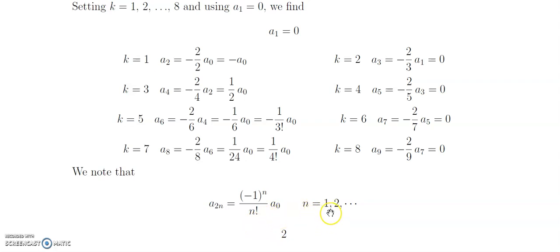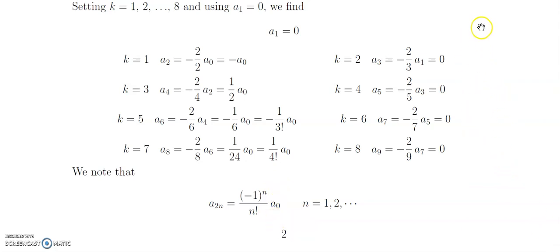Again, to check, let's make n equals 1. If n is 1, this formula would tell us that a sub 2 is minus 1 to the first power, so minus 1 over 1 factorial. So minus 1 over 1, which is minus 1 times a sub 0, which is this. So we get this general formula, a sub 2n equals negative 1 to the power n over n factorial times a0.